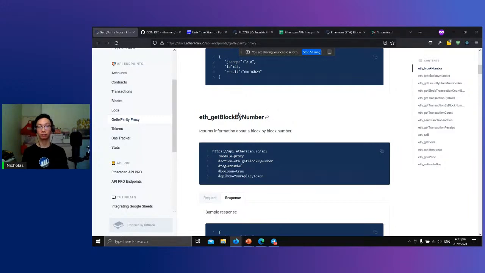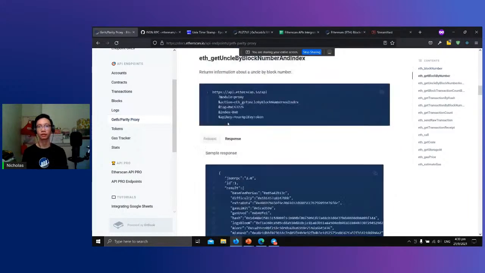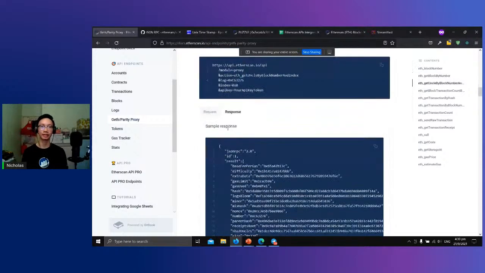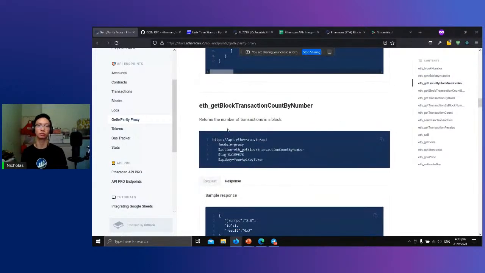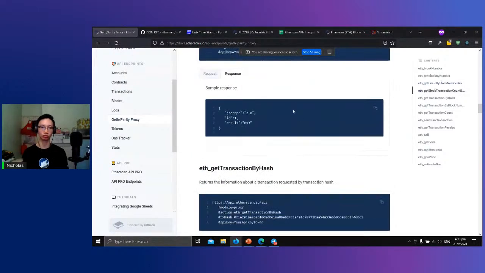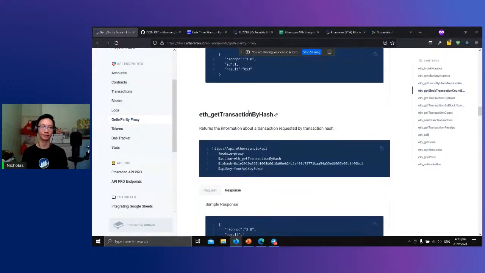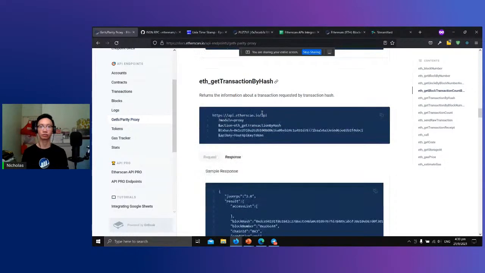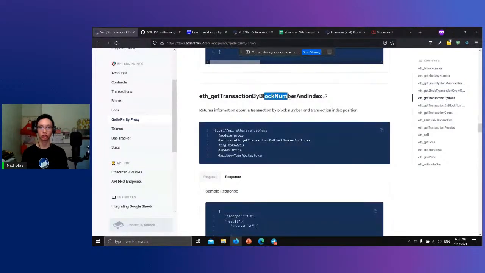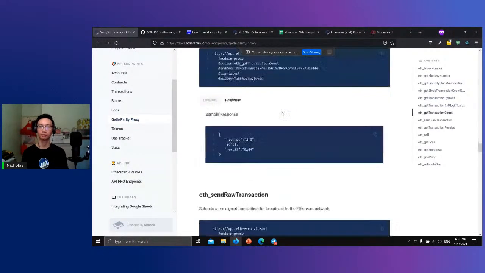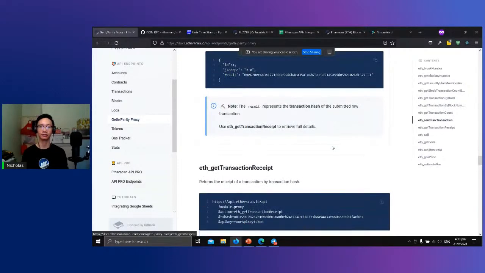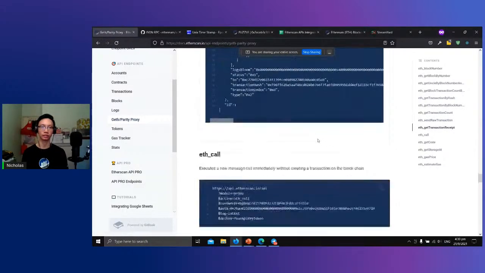There are methods like get block by number, get uncle by block number and index. These are direct responses from nodes. They are not filtered in any way, and it would be the same if you were to run a node and query them. Get transaction by hash, get transaction by block number and index. There are a lot of them, and you can go through them on the Ethereum wiki.